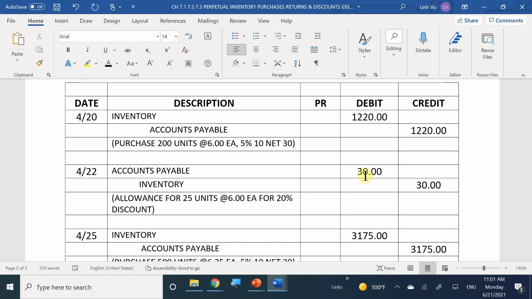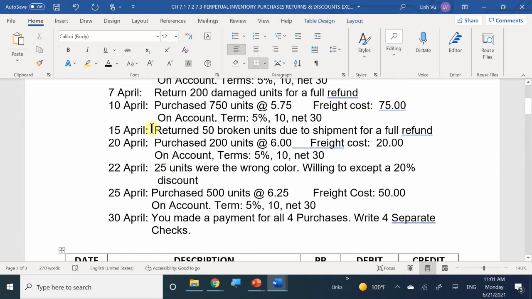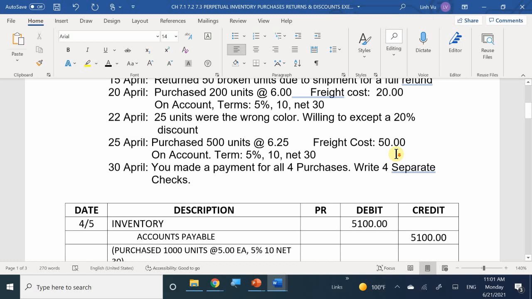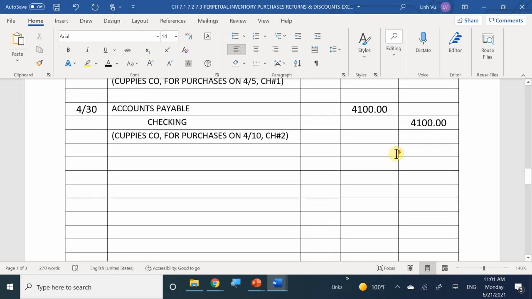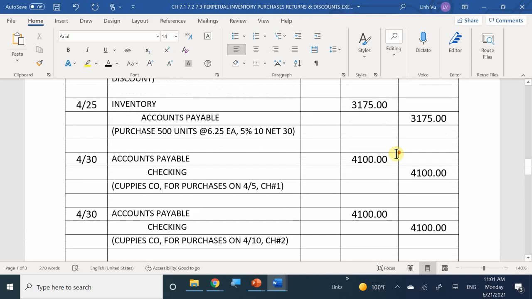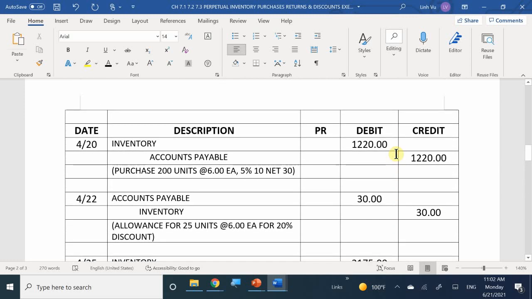So how much was the freight? The freight was $20. So here we originally purchased 200 at $6, but the freight was $20. So in this case, you need to subtract that $20 from 1190 to get 1170.